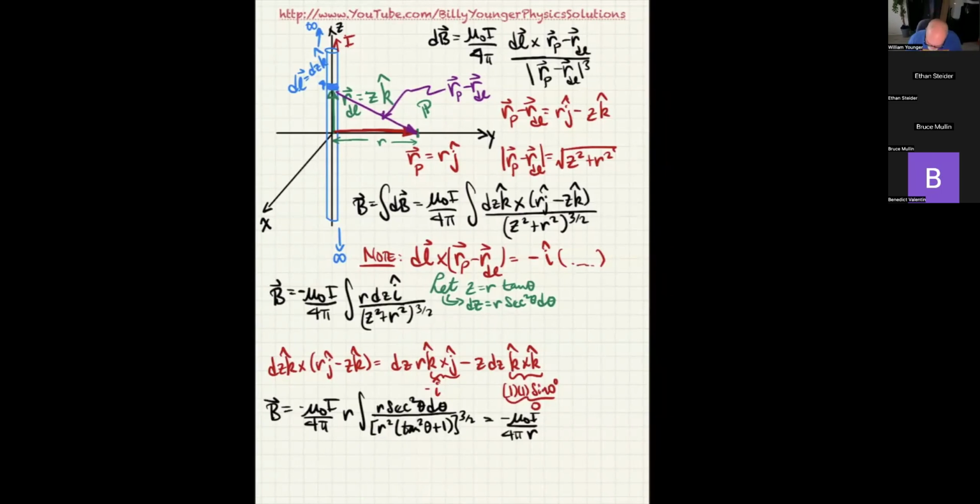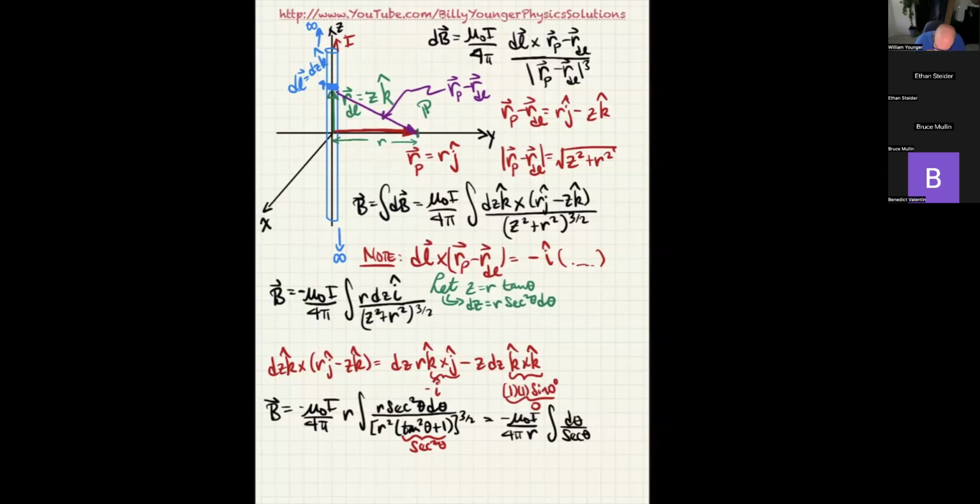Now, tangent squared plus 1 is secant squared. So I can replace this all with secant squared theta, and that becomes secant cubed theta in the bottom with a secant squared theta in the top. So I'm now going to have the integral of d theta over just plain secant theta, which is basically the same thing as cosine theta in the numerator.